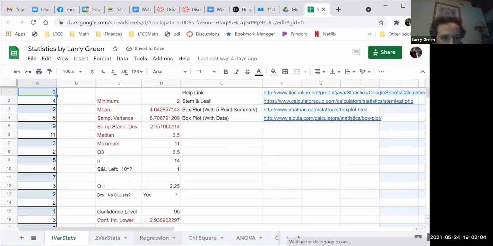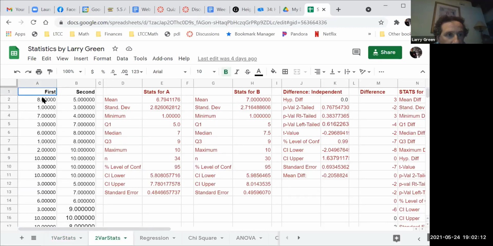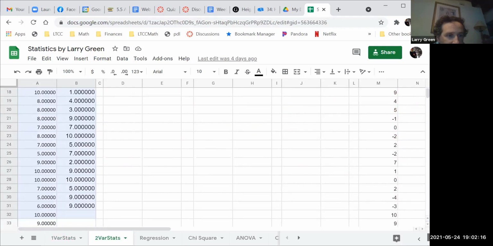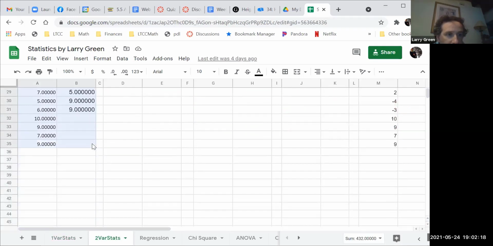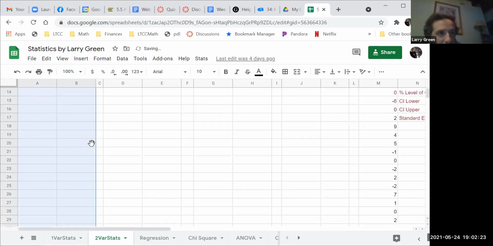We could do this using this, because this is how you have to do the project, 2var stats. Let's get rid of all the numbers I had in there. I just highlight, hit the backspace, they're gone. And let's put in our data.